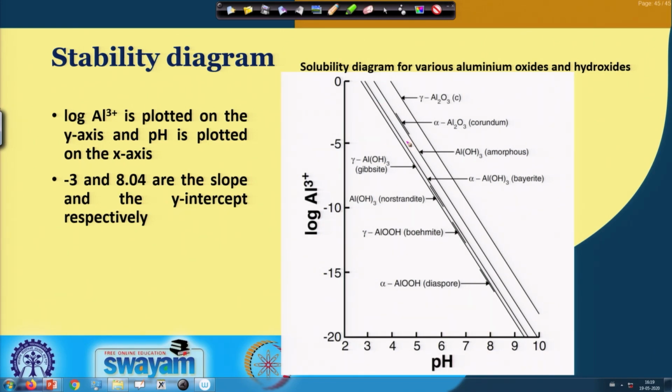From there we can see the solubility; this is called the solubility diagram of various aluminum oxides and hydroxides, and we can see the solubility of different minerals like corundum, amorphous Al(OH)3, bayerite, gibbsite, nordstrandite, and then boehmite and diaspore and all this. Okay. So, this is called the stability diagram.